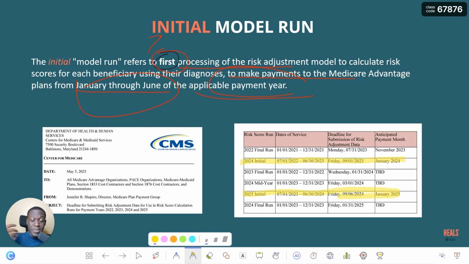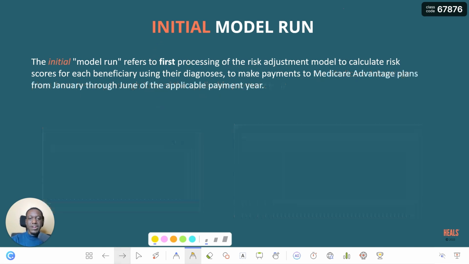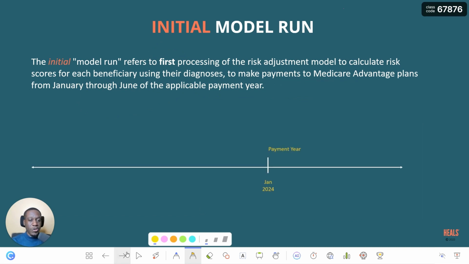And we'll be going through the mid-year and the final in the next 2 weeks, explaining that. So initial model run is what we'll be covering. And the next slide will teach us using the 2024 as an example of what initial model run is.